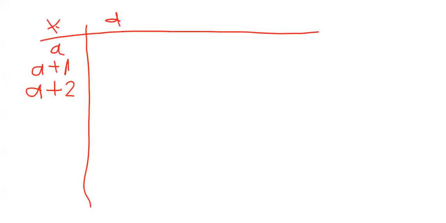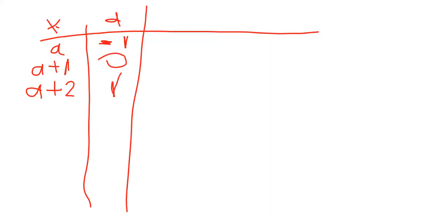Our mean is A plus 1. So A minus (A plus 1) will give us minus 1. I hope you agree. A plus 1 minus (A plus 1) is 0. A plus 2 minus (A plus 1) should give us 1.